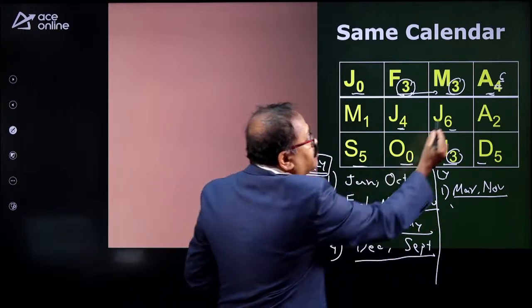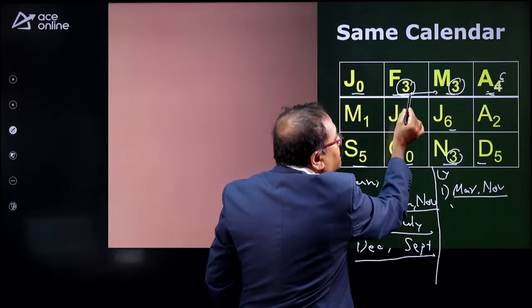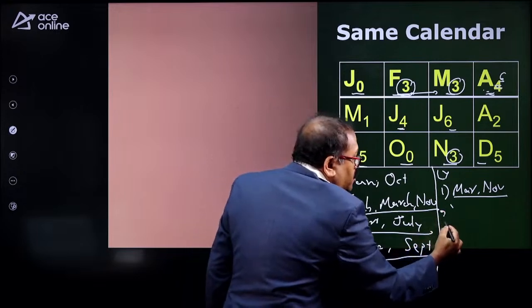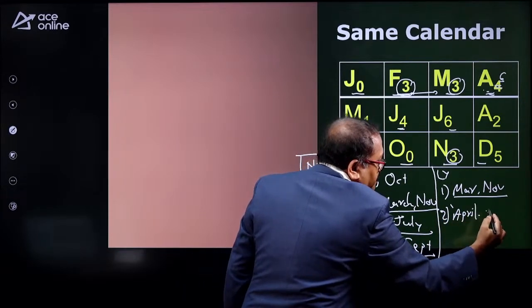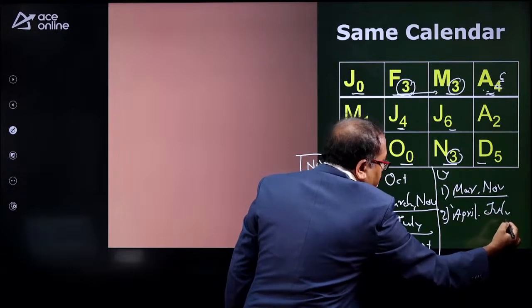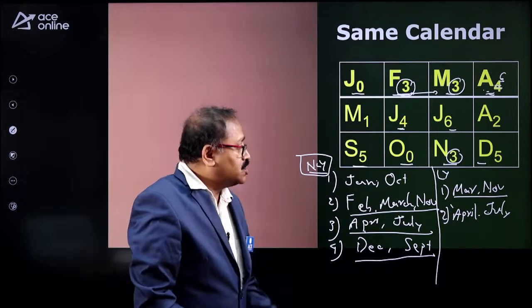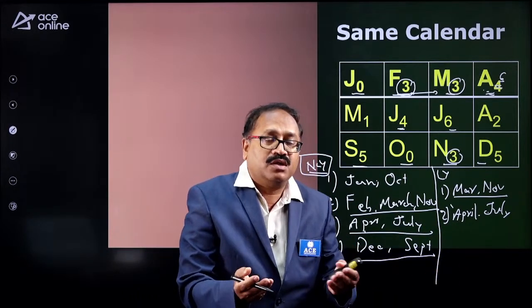And when I come to April and July, you can see that February is not coming in between April and July. Therefore, the April and July calendar will always be the same, irrespective of leap year or non-leap year.